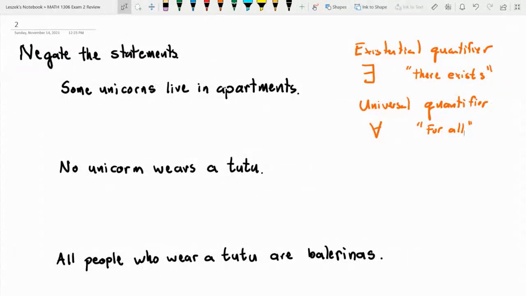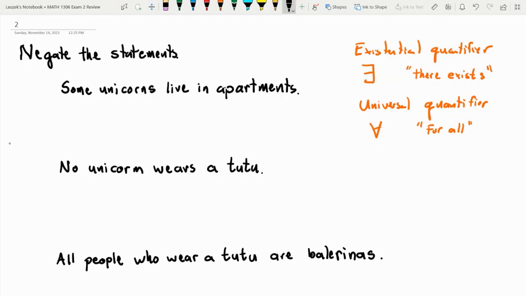Well, if we claim that some unicorns live in apartments and somebody thinks it's false, we would say that no, all unicorns do not live in apartments, right? Or probably better English would be no unicorn lives in an apartment. So the opposite of some unicorns having a property is that no unicorns have the property.